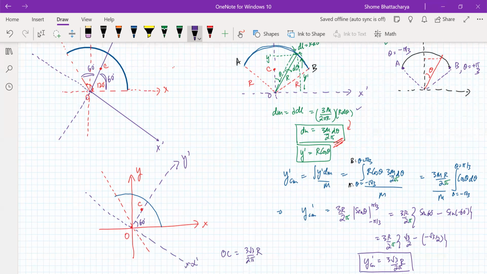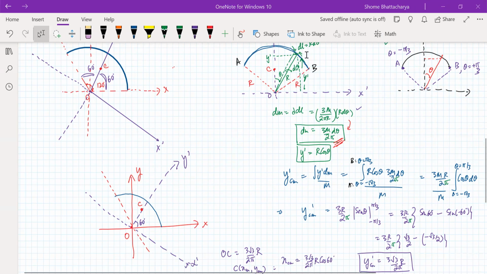So if the center of mass's coordinates are xcm comma ycm, you can see that the x coordinate will be cos 60 into this, and the y coordinate will be sine 60 into this.